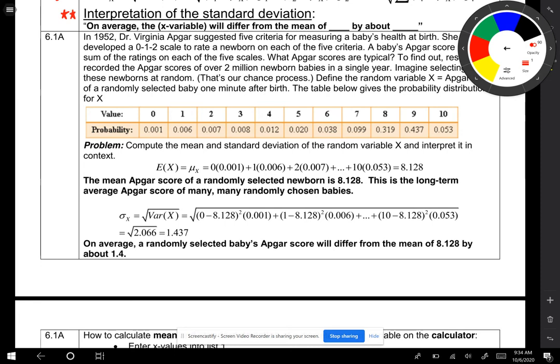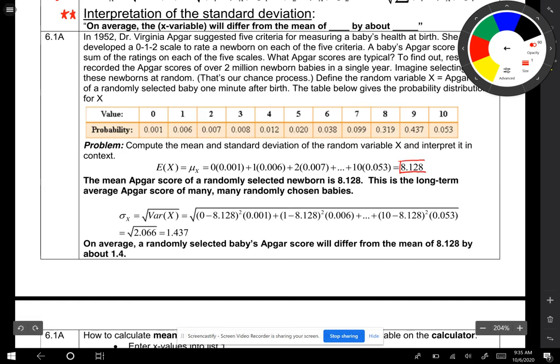So if you look at how to find the expected value or the mean, mu of X, you take the value times the probability plus the next value times the probability plus the next, and so on. Then you add them all up and you end up getting the mean as 8.128.